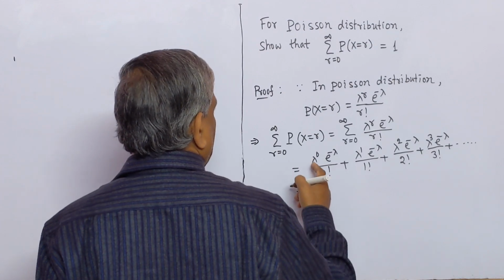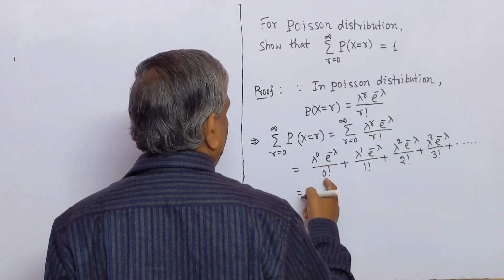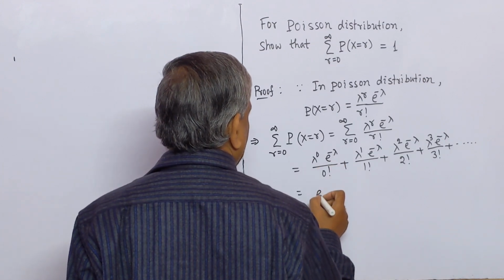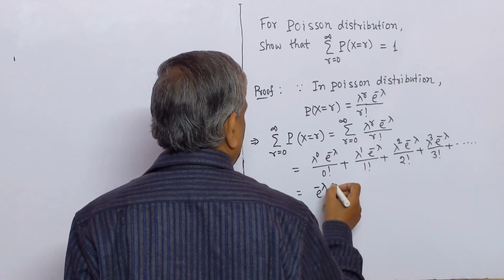And this is 1, this is also 1. Here we take common e to the power minus lambda.